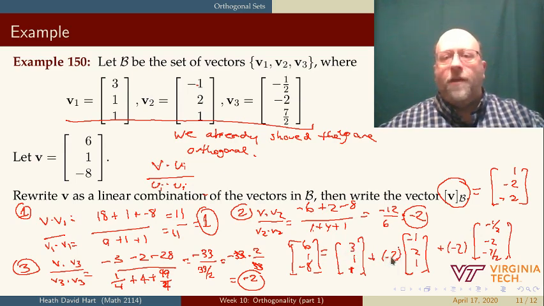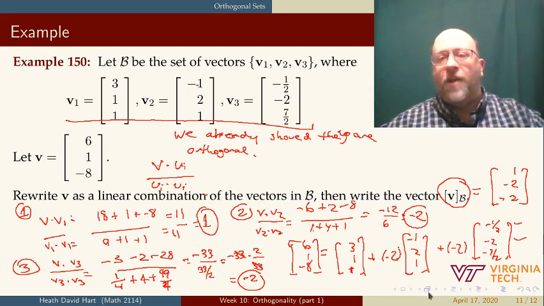This is 3. Negative 2 times 1 is negative 2. 3 and 2 is 5. Negative 2 times negative 1 half is positive 1. That makes 6. So the top coordinate checks. 1 minus 4 is negative 3. Plus 4 cancels with the negative 4. And that gives me my 1 back.